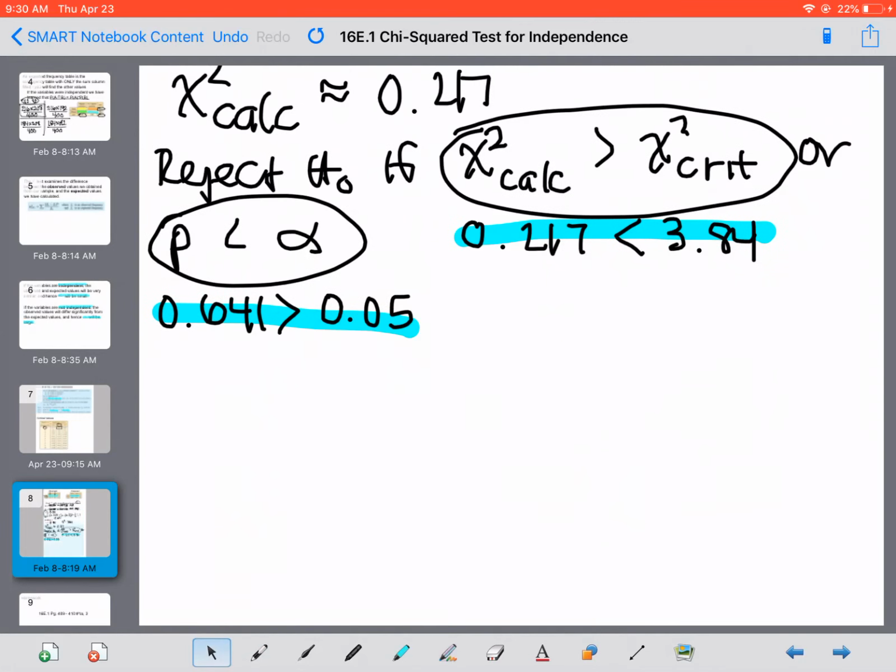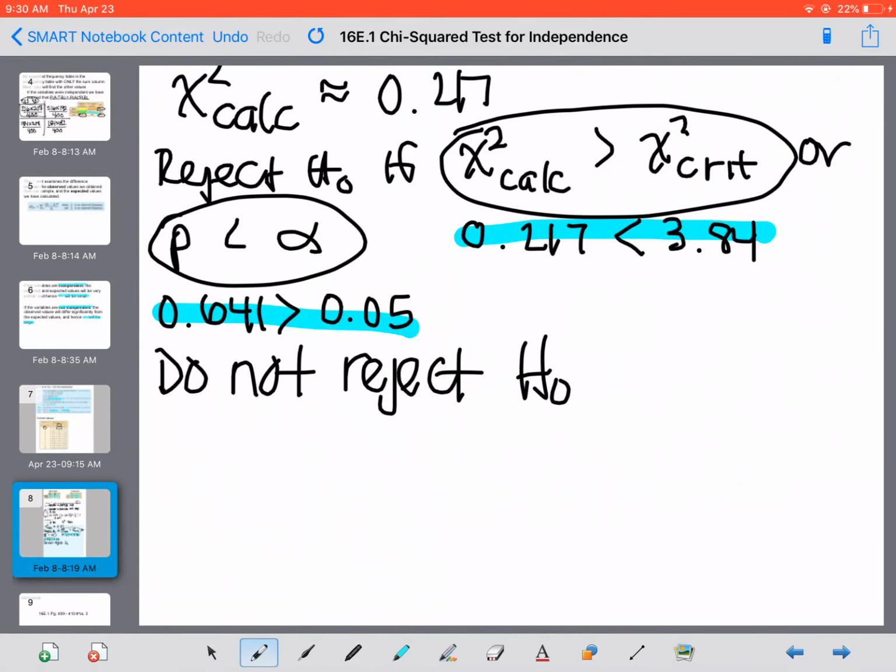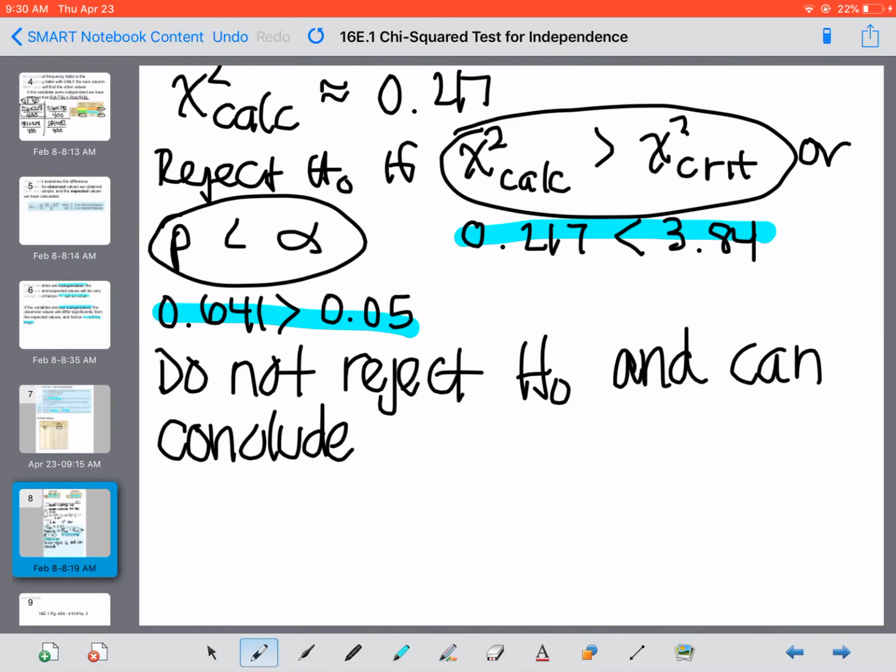So when we write this, our step 7 in this case, we say do not reject h sub 0 and can conclude. So if we are not rejecting h sub 0, that means that h sub 0 is true.